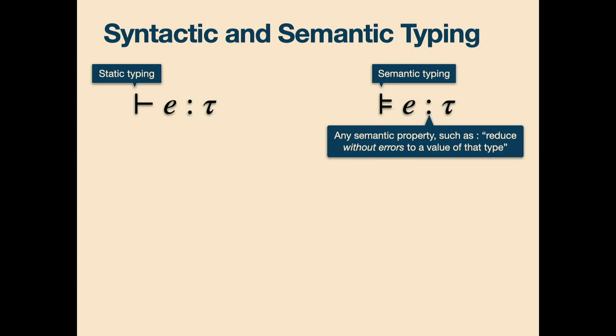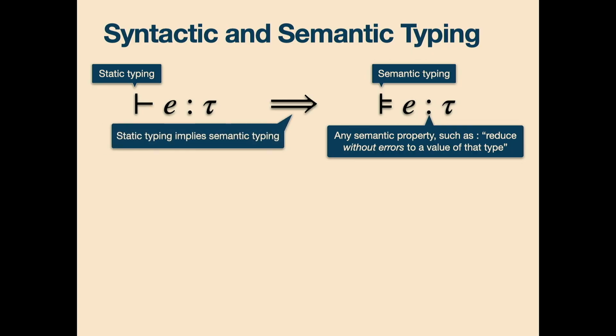For instance, we might say that the expression E is semantically typed to tau if it reduces without errors to a value of that type. And usually what we do is we say, okay, static typing is going to imply semantic typing. So static typing is an over-approximation of the behavior of the expression.